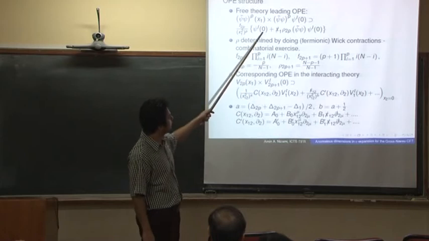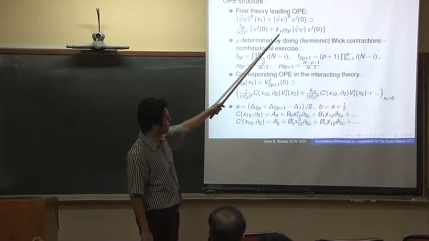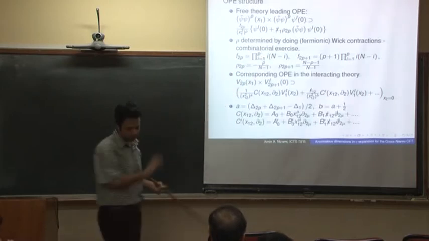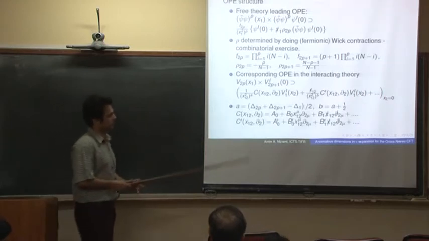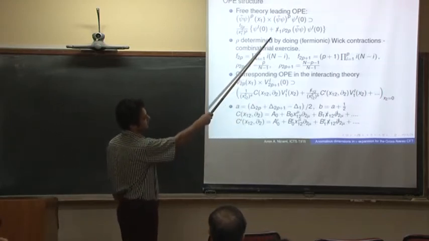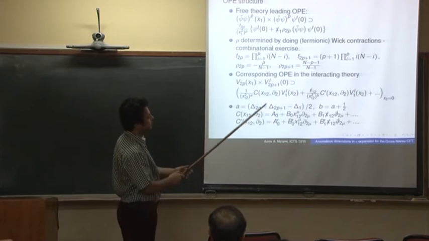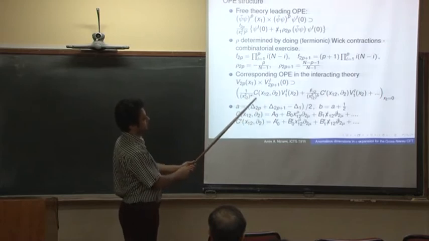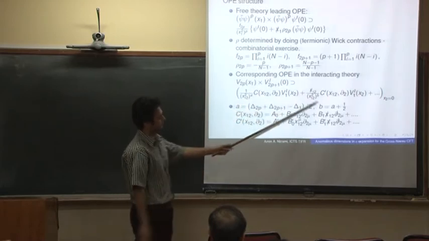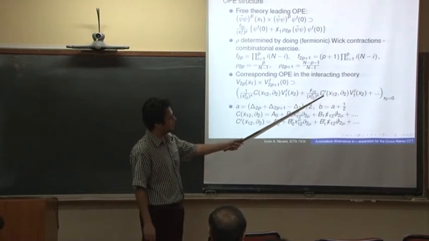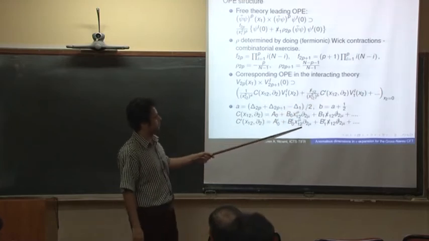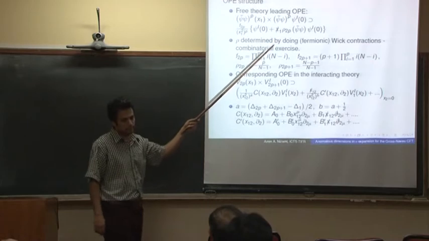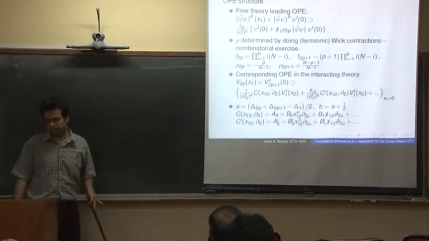And that you will be able to match with this here. I'm not giving the details of the calculation. The point really is that the only way that this will match with this in that limit is that only this operator can be present. If this operator is present, it will give you gamma matrix structures which do not occur in the free case. This you can just work out by doing the computation.